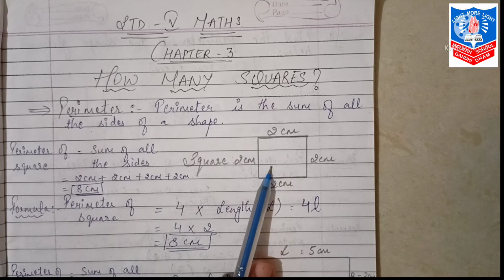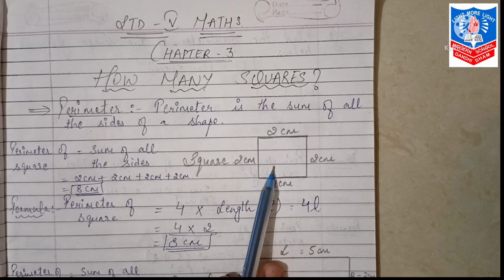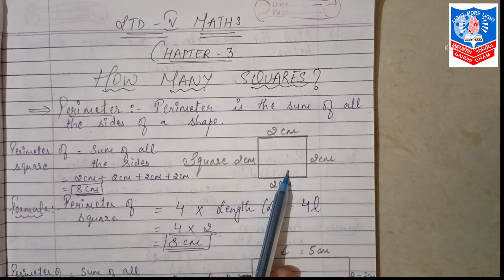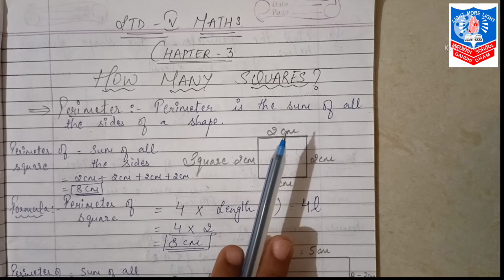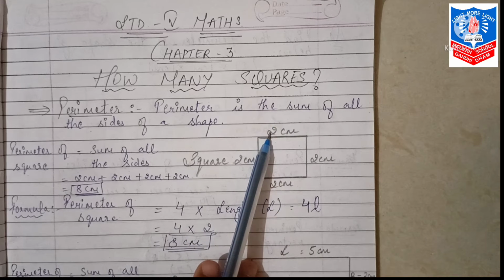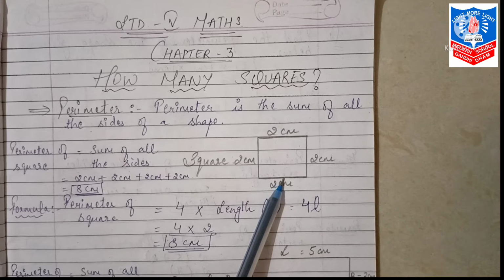Let us take one example. As you can see in the picture, this is the shape of a square. And if you know, a square is equal on all four sides. Okay, that means length and breadth both are equal. On the top side, this line is known as length and the opposite side is also known as length.